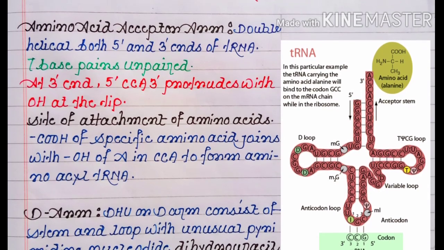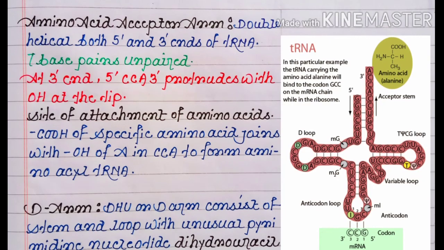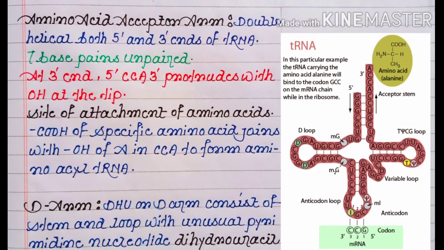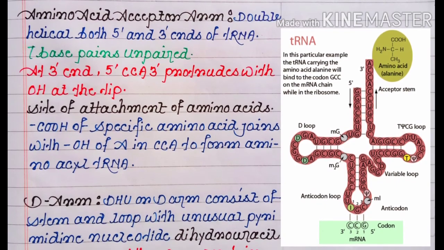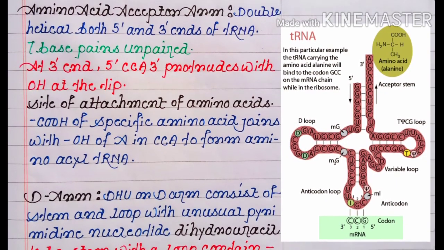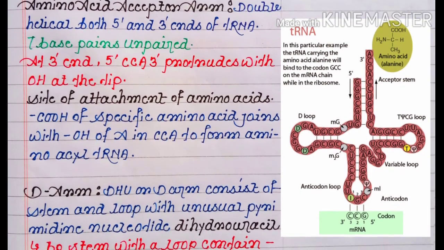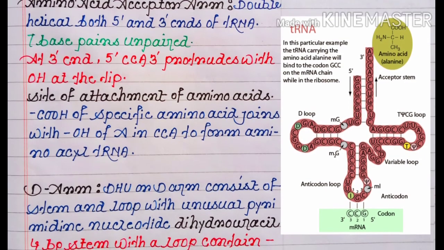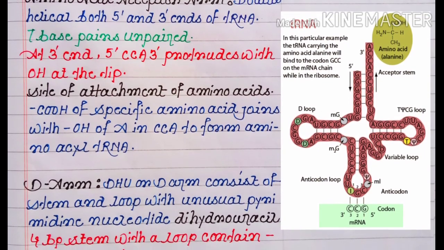Next, the site of attachment of amino acid. The COOH or carboxyl group of a specific amino acid joins with the hydroxyl of adenine in CCA to form aminoacyl tRNA. Next, the D-arm.